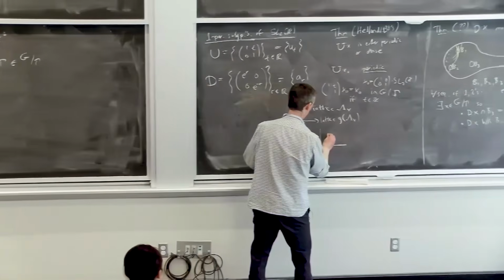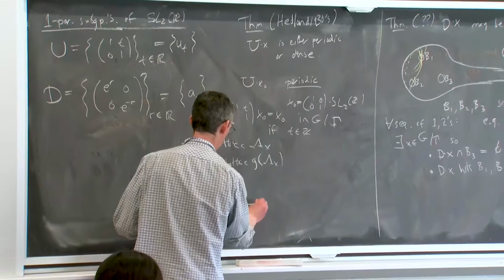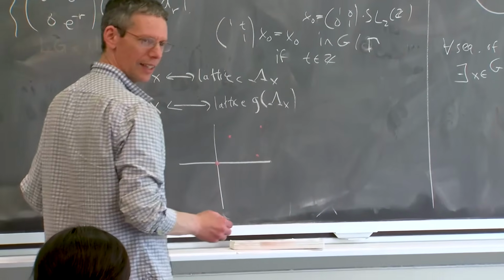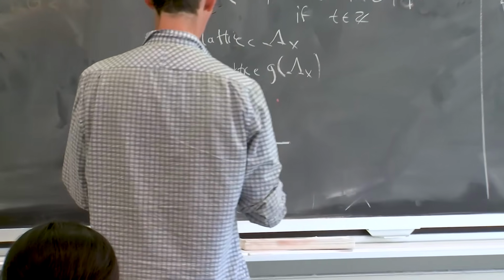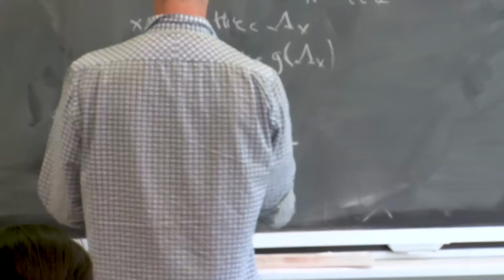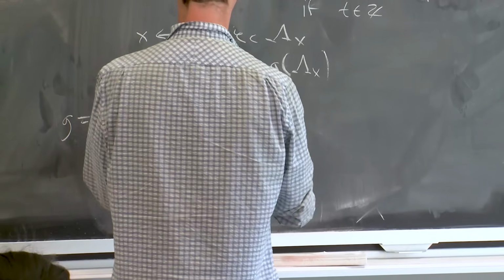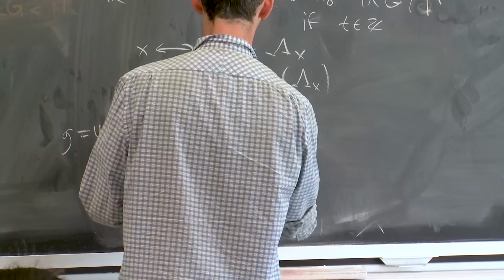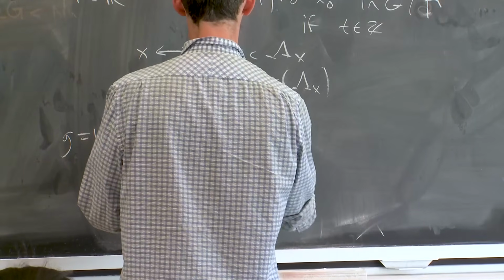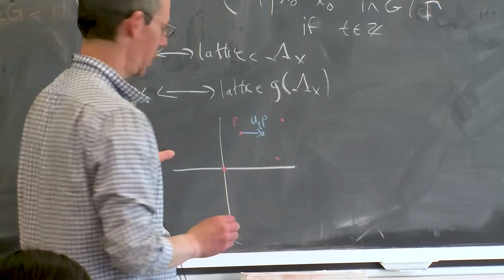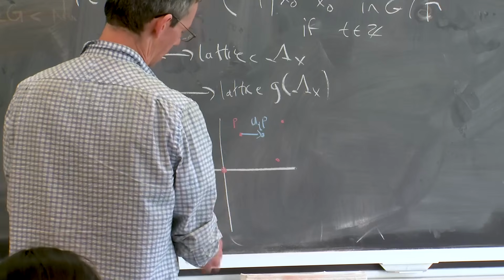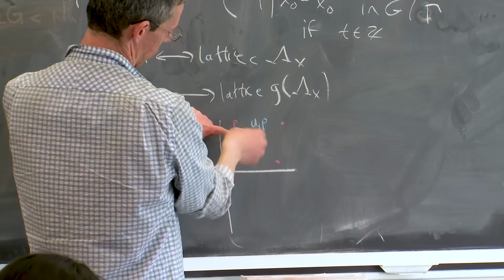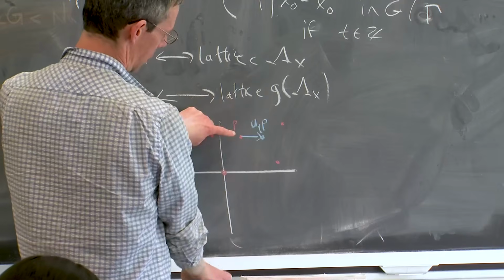So I'll draw some points in R2, and perhaps, coincidentally, these points come from a lattice. Then I'll illustrate what ut does. If this is the point P, then this over here is ut of P. It's a shearing motion. The shearing motion moves everybody horizontally, by an amount proportional to your height.